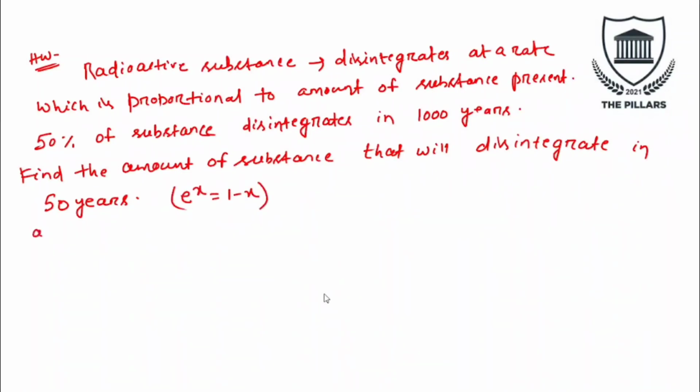We have a hint here, and the options are A is 1.5%, B is 2.5%, C option is 3.5%, and D option is 4.5%. So I will advise you, this formula from nuclear physics already, radioactivity law, but I will advise you try to establish the differential equation first, then solve it and find the solution of the differential equation. After that you can proceed.